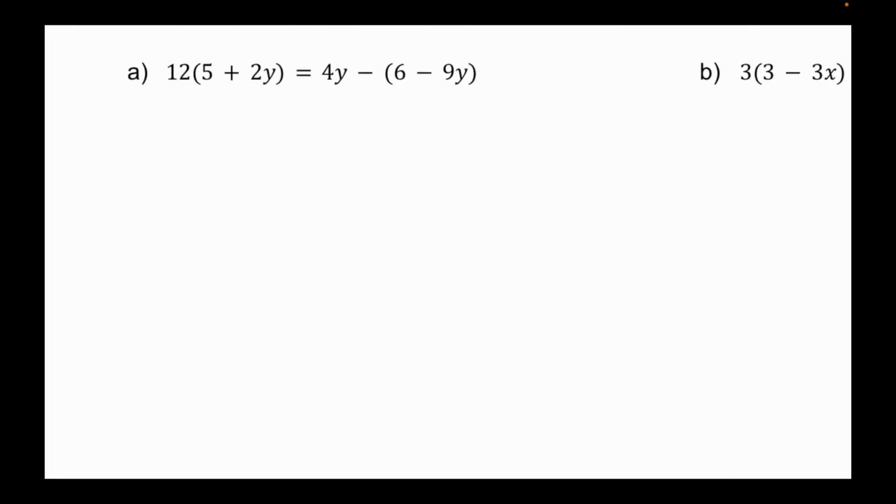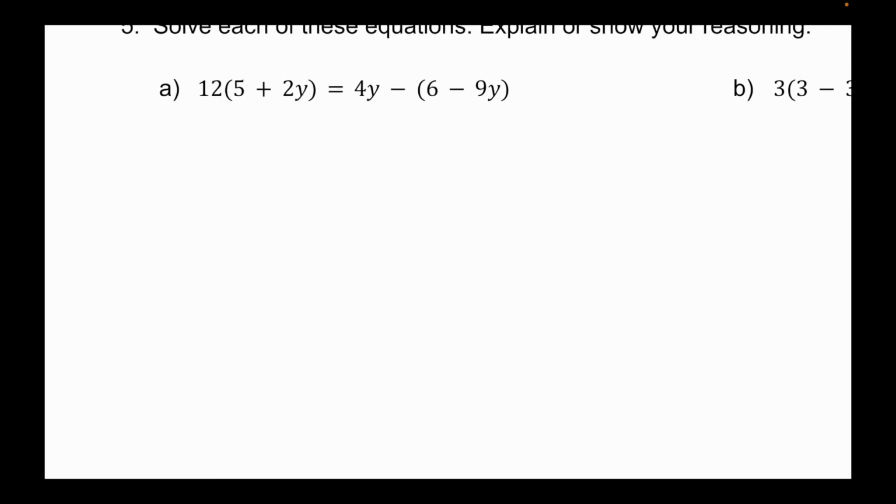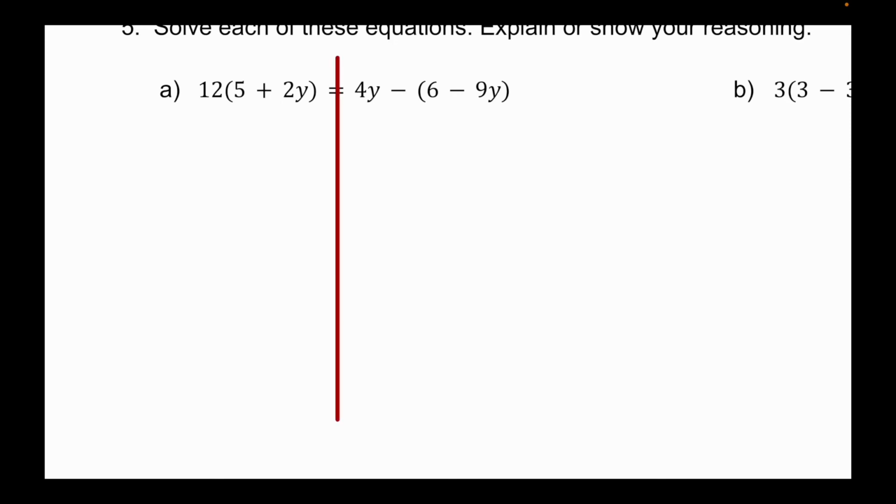So then that brings us to question 5, where I have 4 lovely large questions, and wonderfully enough, they're not asking me to check my work, so we are just going to do some practice here. So divide these sides up. I'll make that line longer later if I need to.